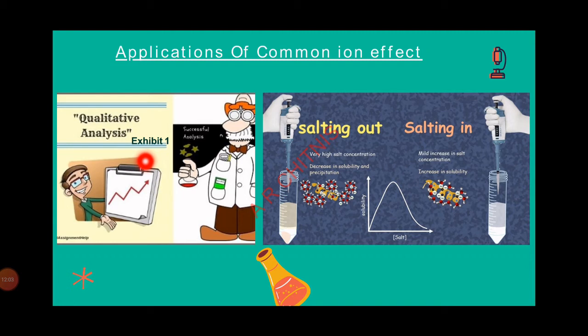What is precipitating out of the solution? Its solubility decreases. That's why a particular compound, or the PPT, is going to separate out of the solution and settles at the bottom, isn't it? So the application here is, when we add group reagents, for example H2S, they are going to react with the radical of the particular group and form the PPT.